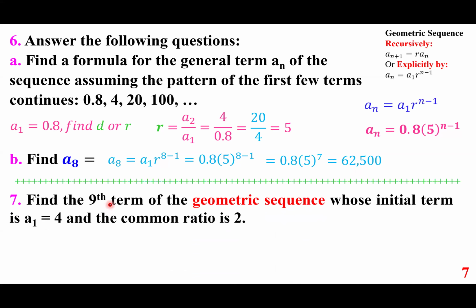Find the ninth term of the geometric sequence whose initial term a sub 1 is 4 and the common ratio is 2. So basically put it into this formula: a sub n equals a sub 1 times r to the power of n minus 1, where a sub 1 is 4, r is 2, and n is 9.